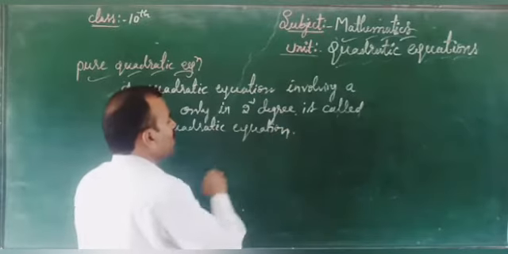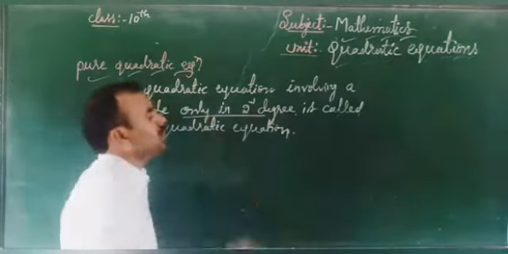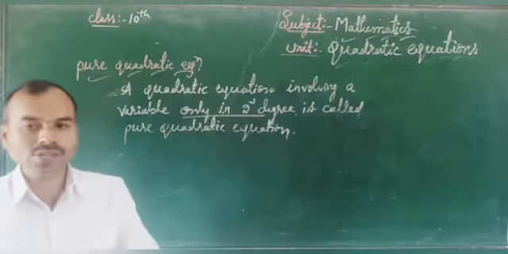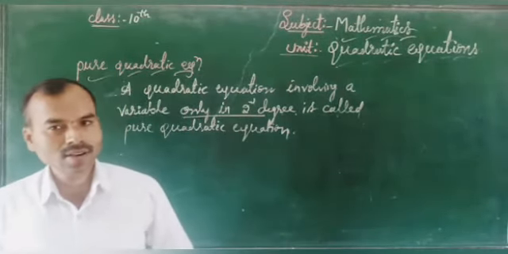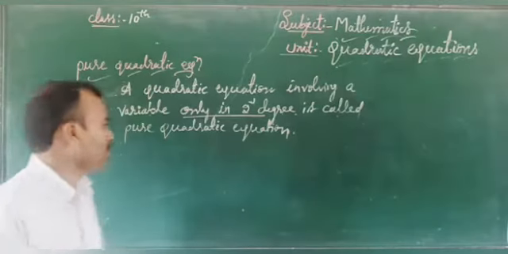This is the important thing: an equation involving a variable only in second degree is called a pure quadratic equation.